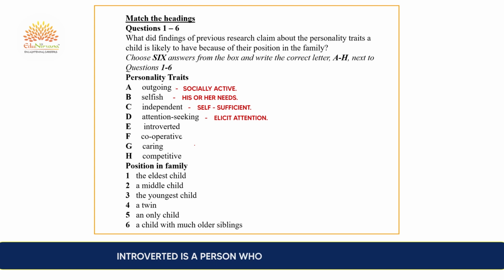Introverted is a person who enjoys their own space, someone who is not socially active, or a person who is confined to oneself. So for introverted, I will write not socially active and enjoys own company.